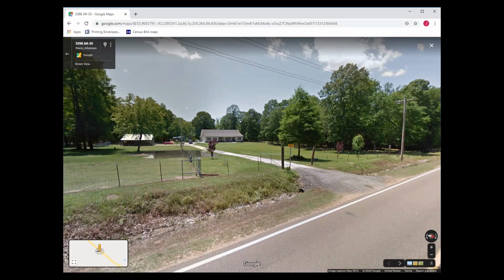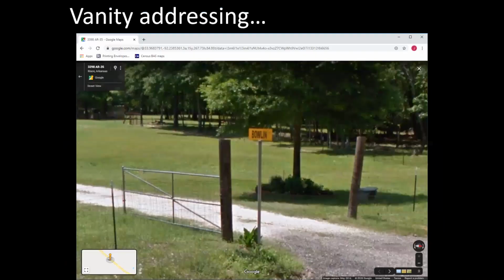This is essentially their driveway, and their address is number 3 Bolin Lane. Now, somewhat humorous. This is an area where I happen to know the resident, and jokingly they said, well, we first wanted to name it Bolin Alley, but we decided to go with Bolin Lane. And I just kind of shook my head. Again, there's the close-up. And incidentally, neither is that yellow sign a standard issue county road sign.